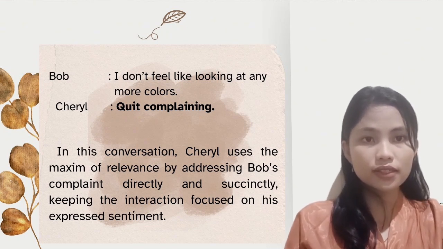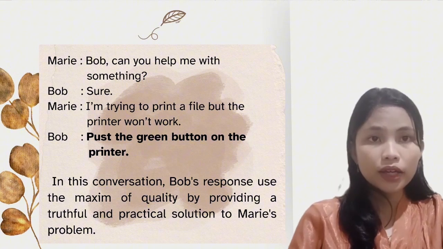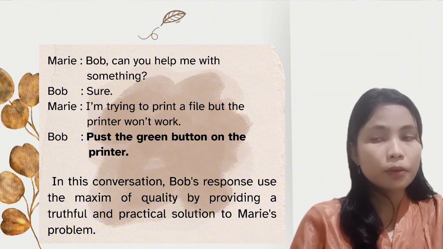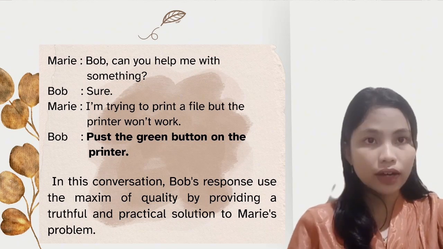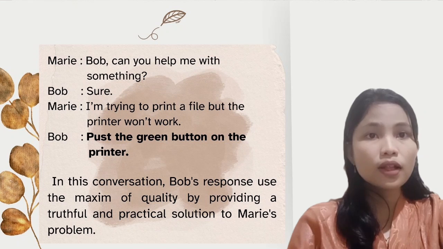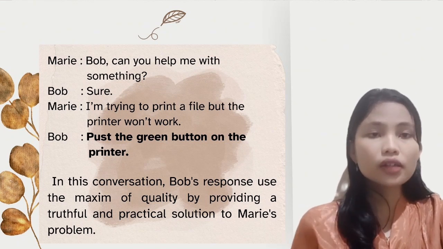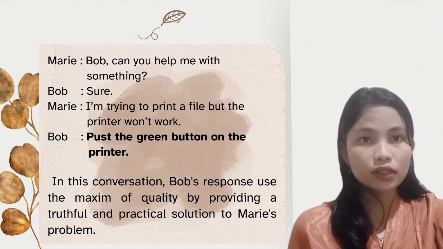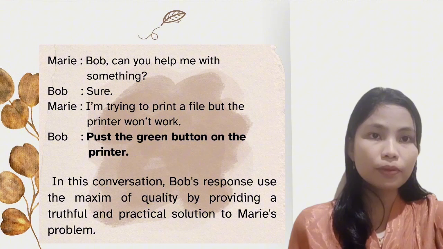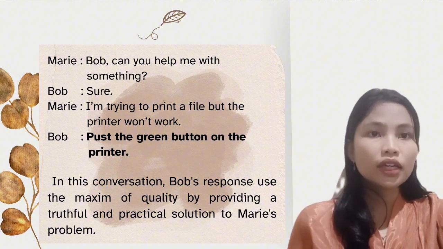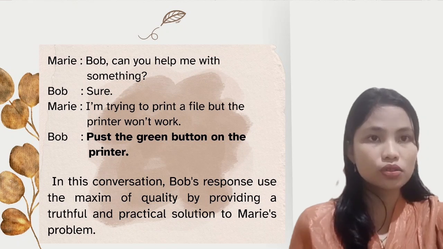Next, Mary said, "Bob, can you help me with something?" Bob replied, "Sure." Mary said, "I'm trying to print a file, but the printer won't work." Bob replied, "Press the green button on the printer." The utterance, "press the green button on the printer," is a speech act because Bob is not just providing information about the printer, he is explicitly instructing Mary to perform a specific action to solve her problem.